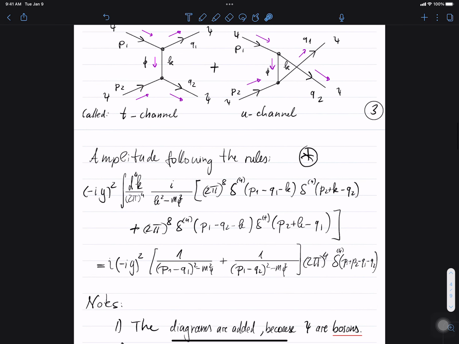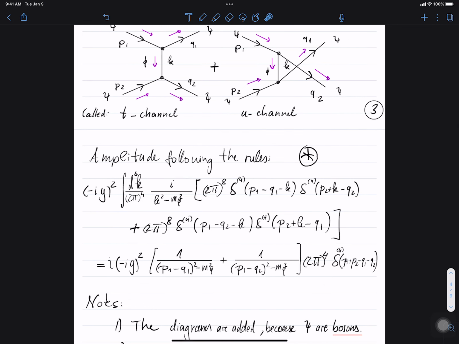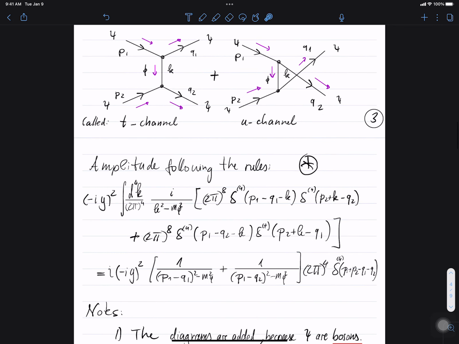So using the Feynman rules now, we can write down the amplitude based on these Feynman diagrams up here.